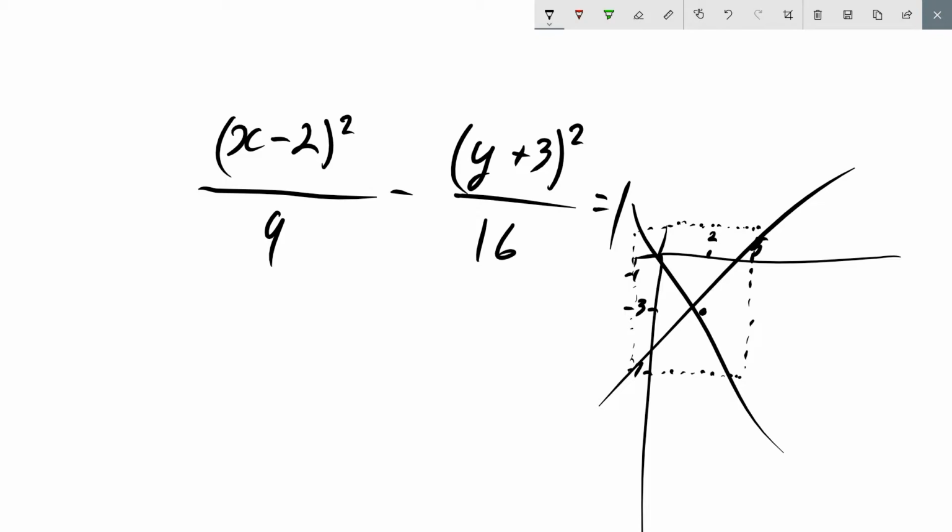And now we need to write what our asymptotes are. So y is going to equal plus minus b over a. So b is 4, a is 3. And then we need to put our positioning like so. And that's our 2 asymptotes there.